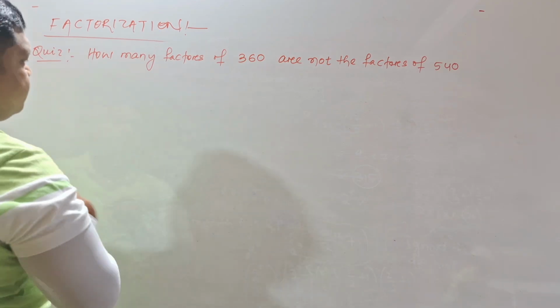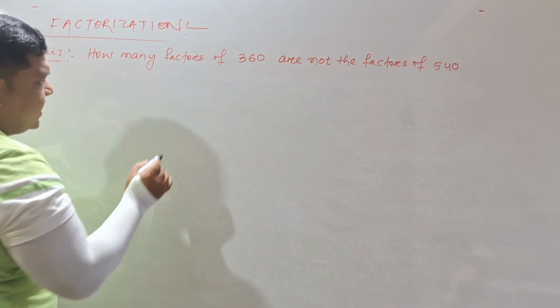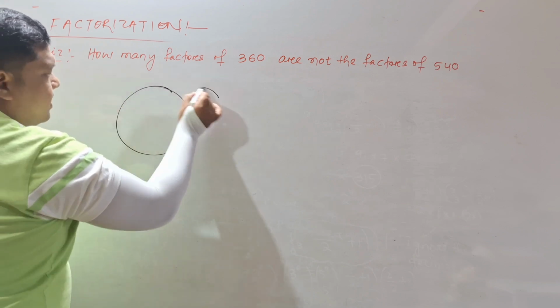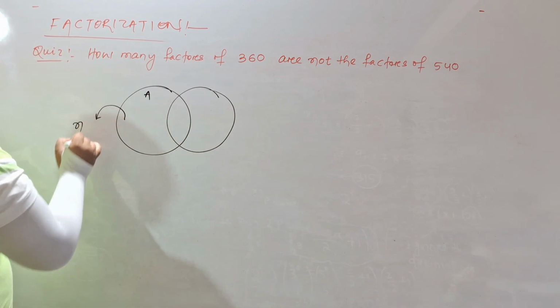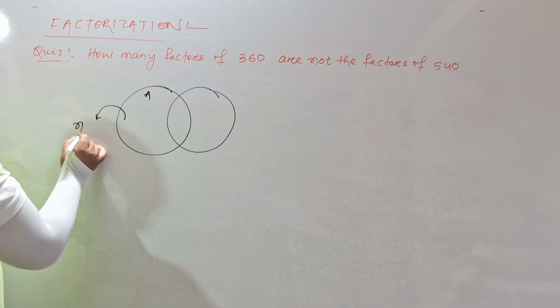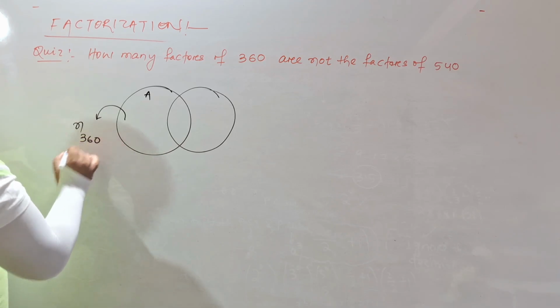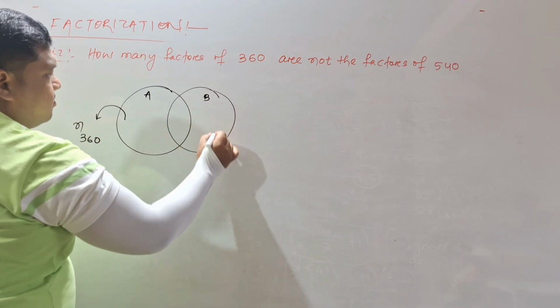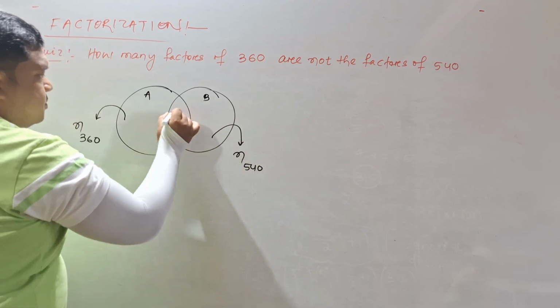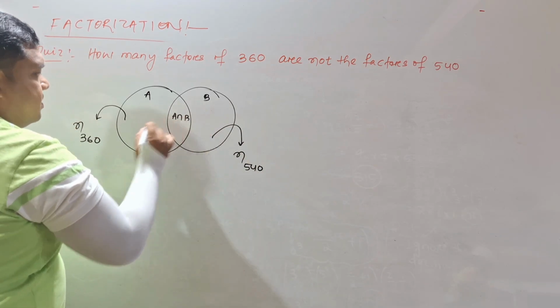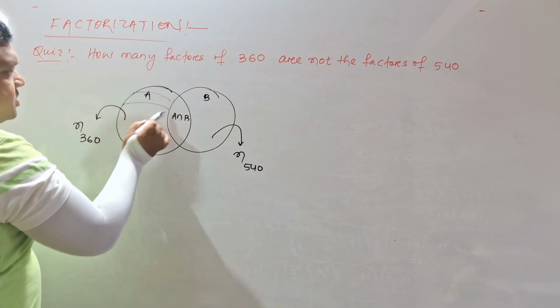Here I will consider two sets, A and B. Let's say set A represents the factors of 360 and set B represents the factors of 540, and this portion is A intersection B, and my answer is this shaded portion.